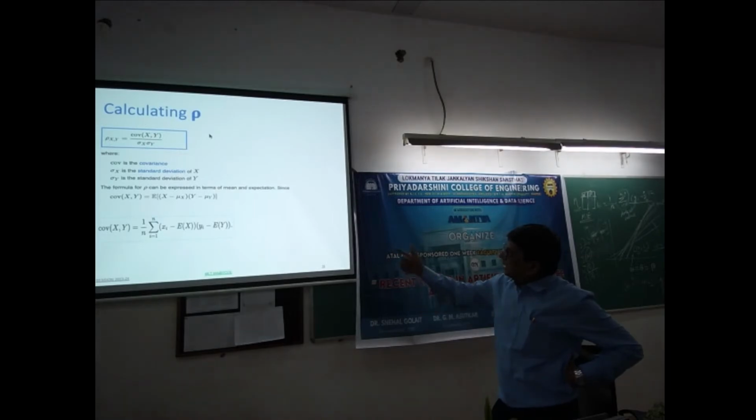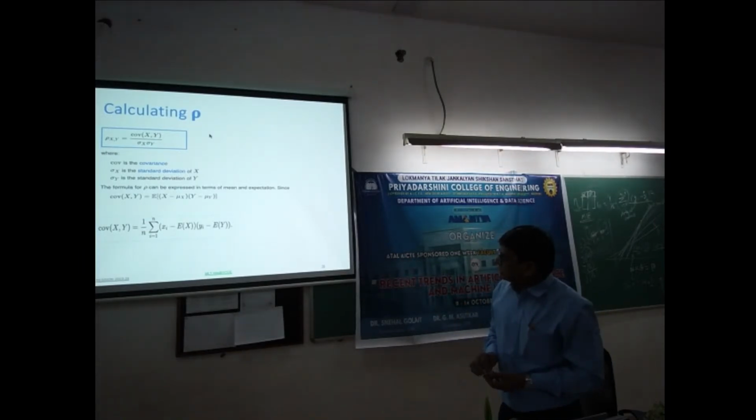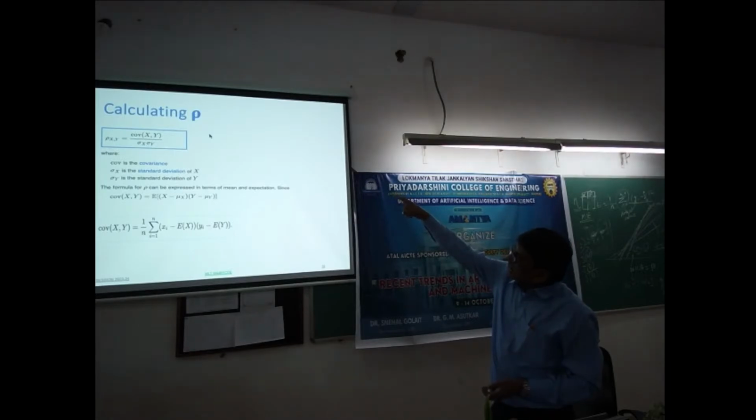The covariance can be found by covariance of x y is equal to expectation of (x minus mean of x) into (y minus mean of y). This is another version of the covariance. So you can calculate the correlation coefficient with the help of the first formula given there.